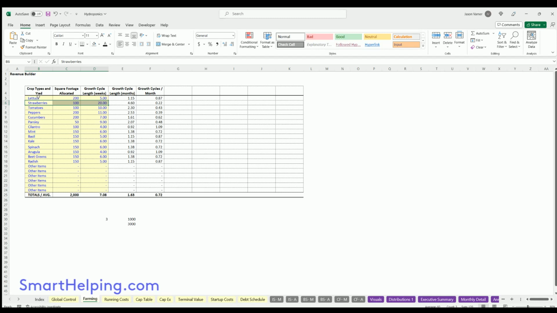So the trick is, if you had a strawberry cycle of 20 weeks or 4.5 months, that cash isn't going to come evenly over those 4.5 months. It's going to come at the end. Now, in the long run, like say a 10-year model, you can roughly figure out every year how many you're going to do in total and how much revenue that is.